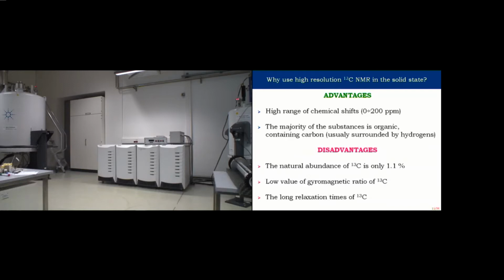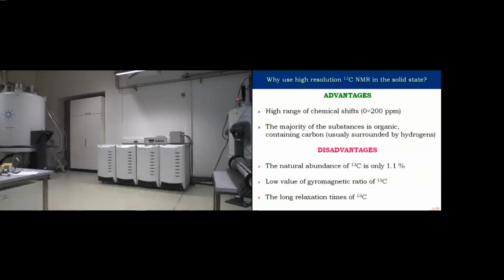As you see, we have many problems to overcome in solid state investigation. One advantage of using high resolution carbon-14 techniques in the solid state is that they have a range of chemical shifts which are easily distributed to show different nuclei in the substance.